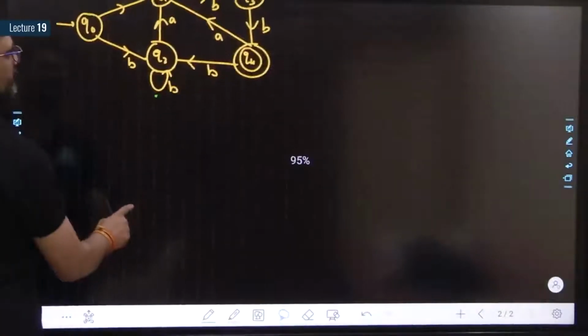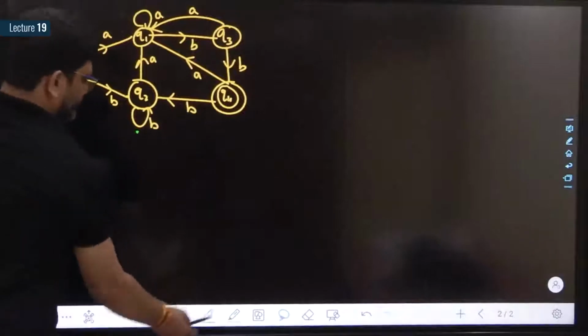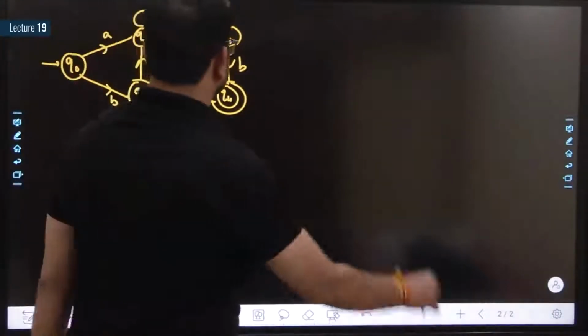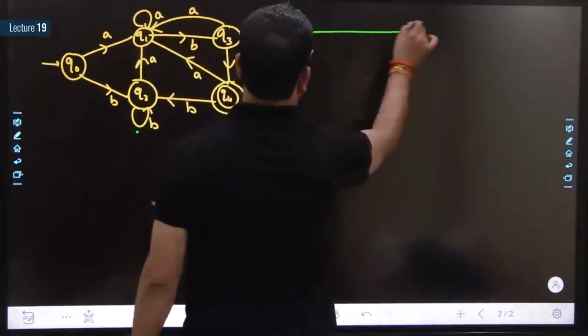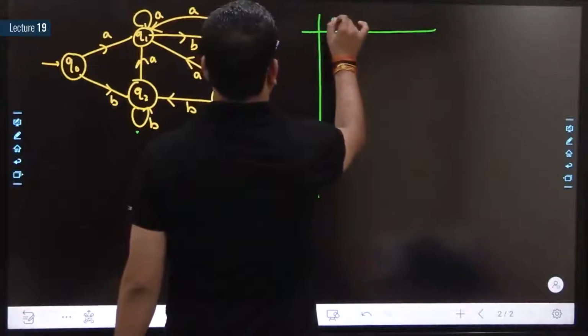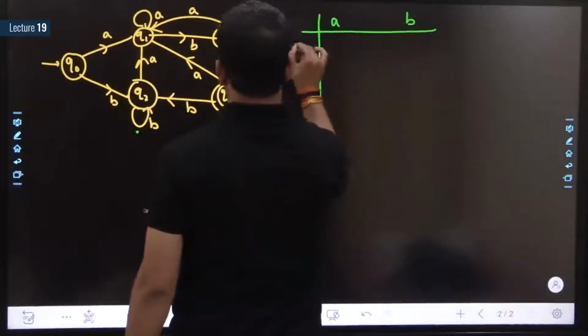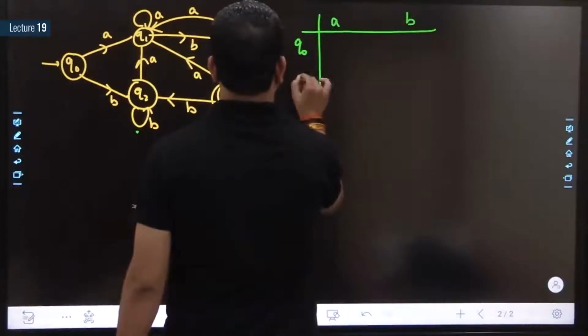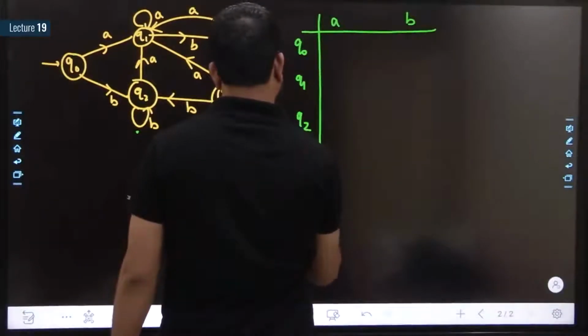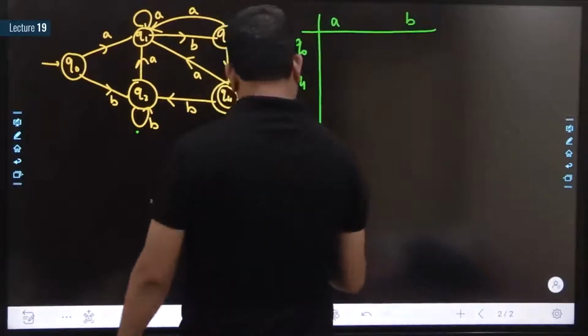Construct the transition table for this DFA. A, B. Q0, Q1, Q2, Q3, Q4.